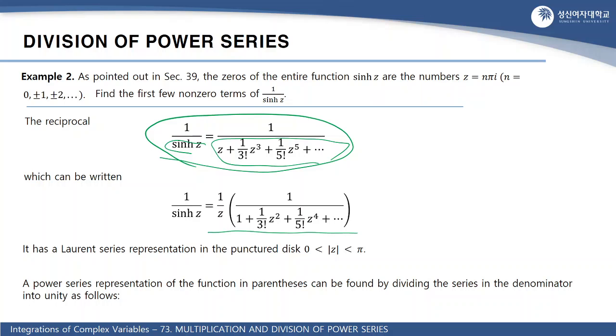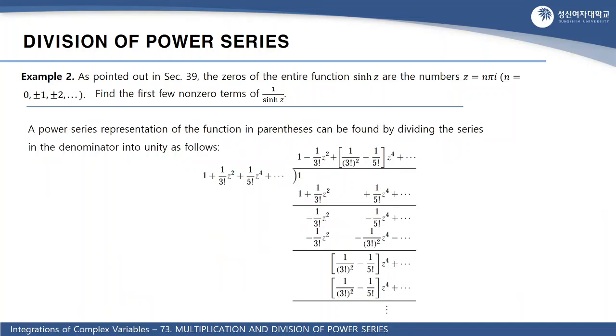It has a Laurent series representation in the punctured disk given by this, where the modulus of z is greater than 0 and less than pi. A power series representation of the function in parentheses can be found by dividing the series in the denominator into unity as follows. Just look at what happened here. Quite easy.